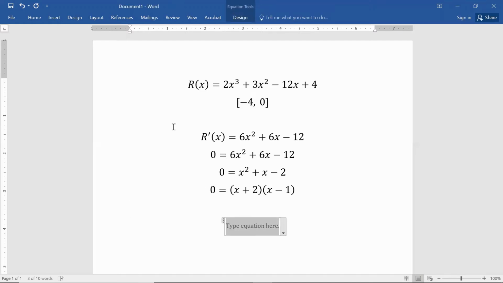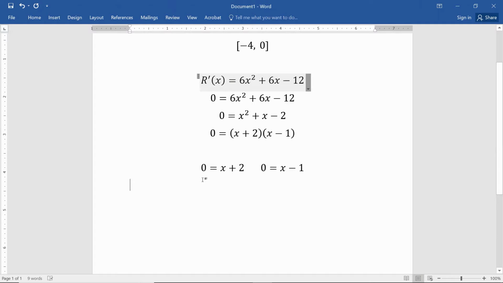That means we're getting two different values that can be critical values. One of which comes from solving 0 equals x plus 2. The other comes from solving 0 equals x minus 1.